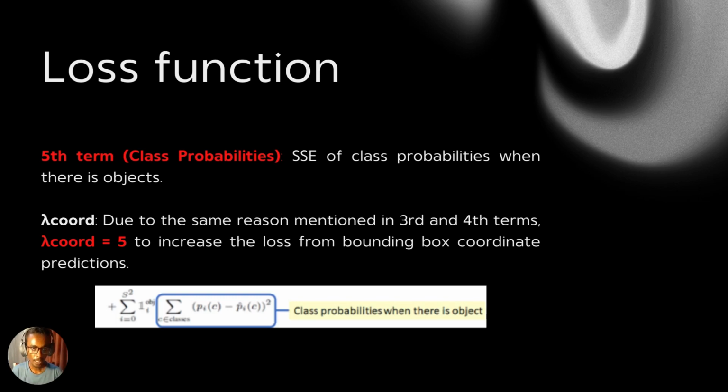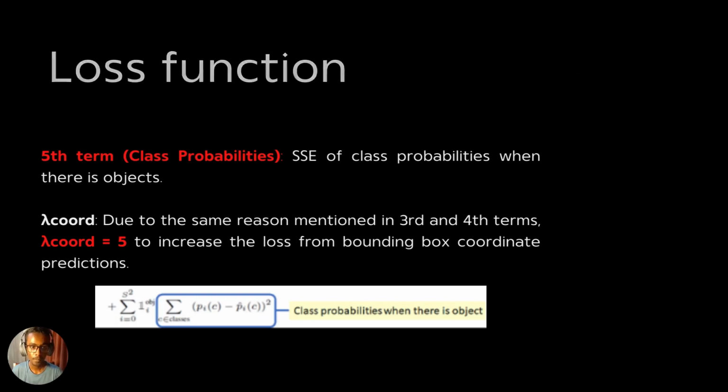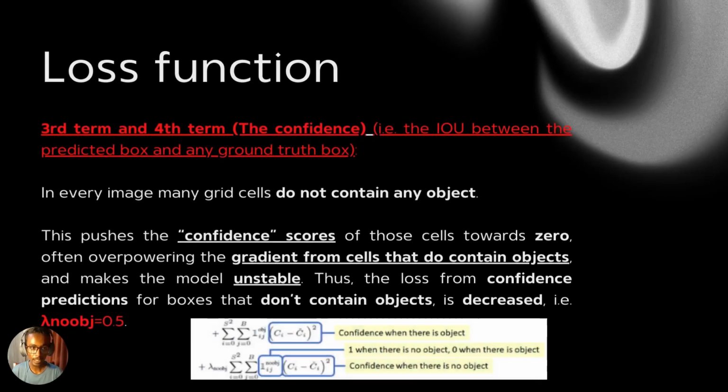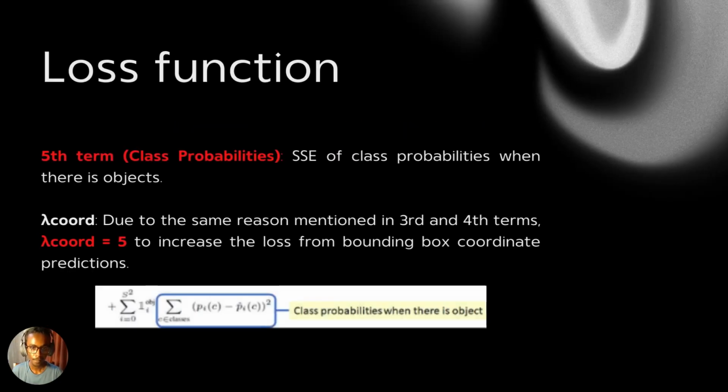And for the same reason mentioned in the third and fourth terms, we need to increase the loss from the bounding box coordinate predictions, so lambda coord must be a higher value. And we need to minimize the lambda parameter for no object because those are not that important.